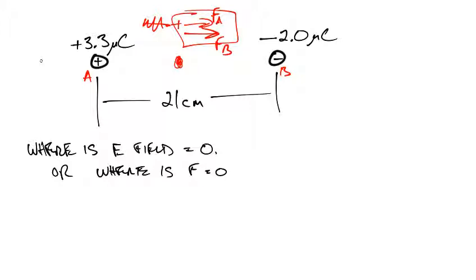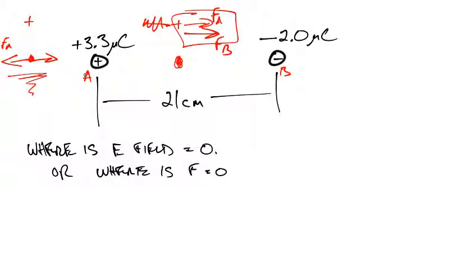What about somewhere to the left here? Well, if we put a positive charge over here, A is going to repel him, that's Fa, and this charge B obviously is going to attract a positive charge. So this might look promising. However, it's not.